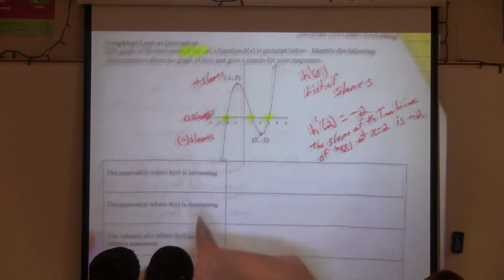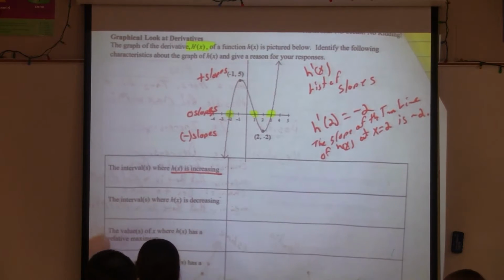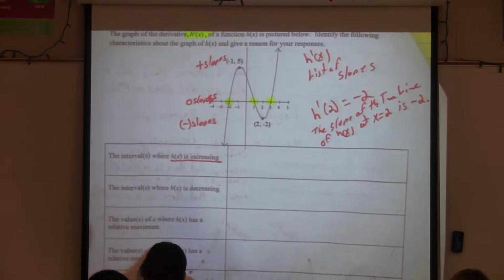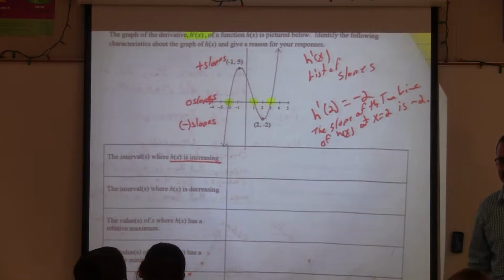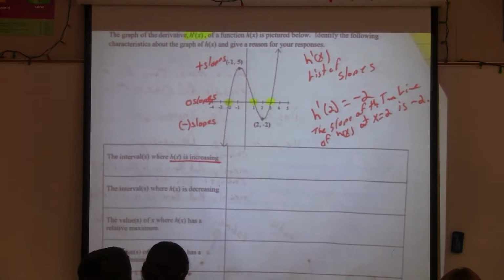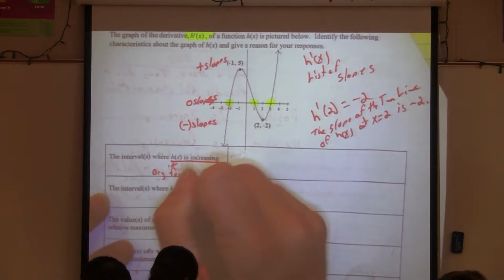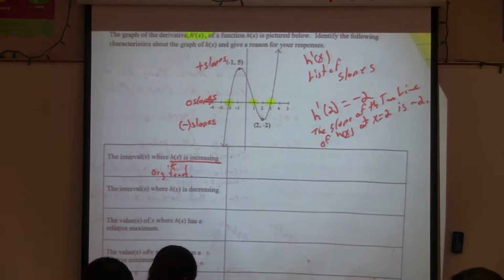So what is the first question asking? The intervals where h of x is what? The problem is we don't know h of x. H of x is the original function, right? So how could I do it? Wherever it's positive. Very good.